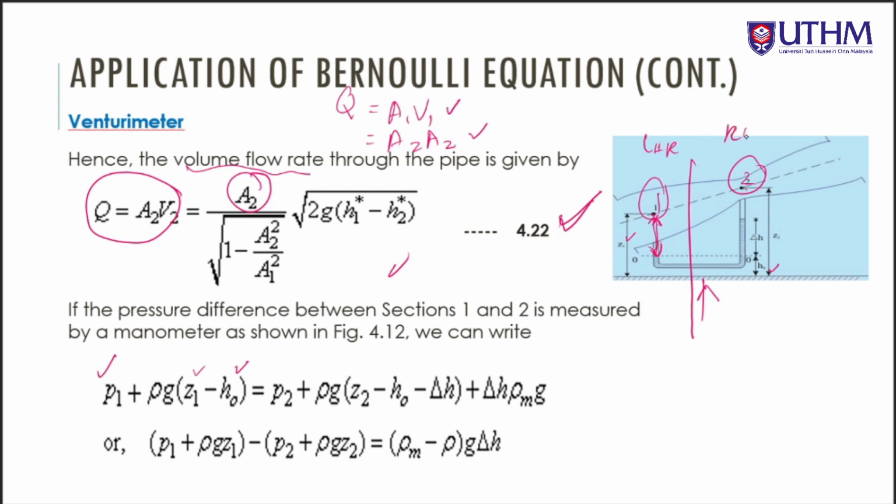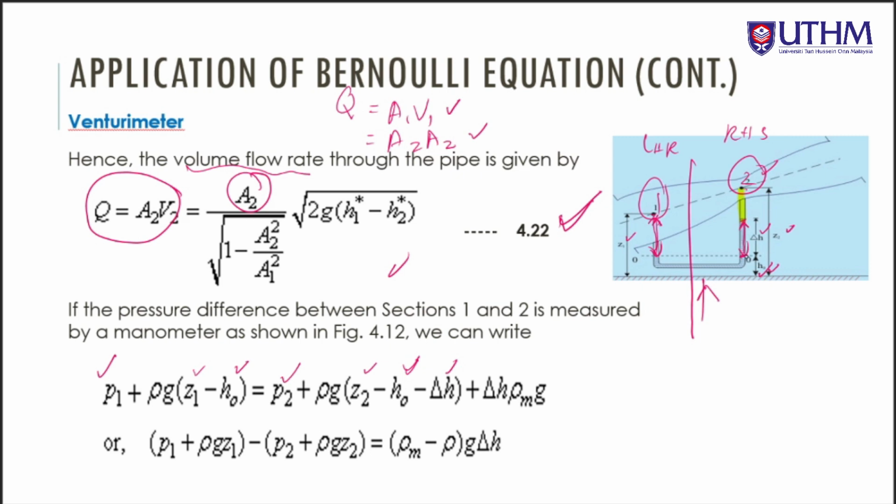On the right hand side, apa kita ada? Kita ada firstly P2 lah, P2, and then kita ada this, kan? Yang tu adalah rho g Z2 minus delta H minus H naught, kan? And then kita ada plus satu lagi, which is sampai sini, kan?